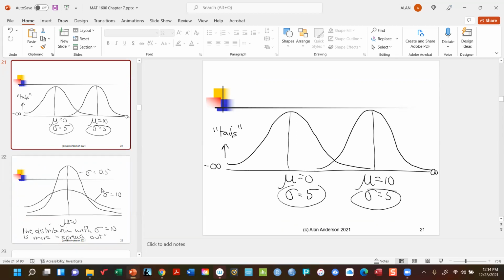So you're basically taking a copy of the first distribution and moving it to the right by 10 units. I mean, to the best of my ability to draw them, they're supposed to be identical to each other, except that the one on the right has a higher mean than the one on the left. Okay, so what this is telling us is that the mean determines the location of the normal distribution.